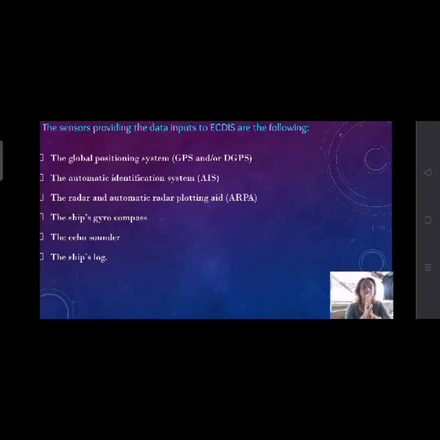First, GPS. GPS is the most used satellite based navigation system. It is global satellite based.